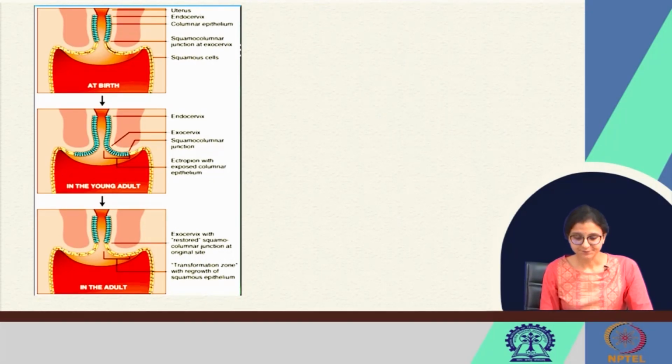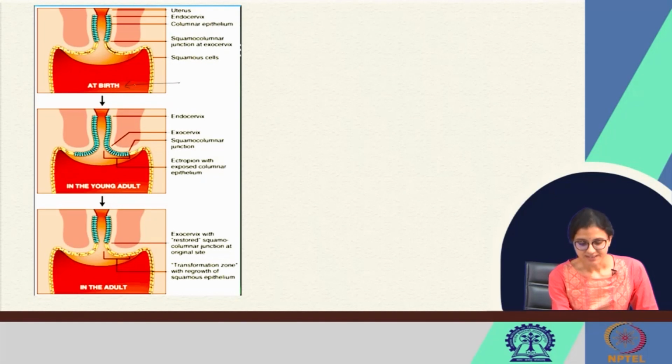So, what happens? We will come to know that most commonly it gets infected by human papillomavirus and it infects these cells of the transformation zone and thereby results in cervical cancer. So, these are the gradual changes.